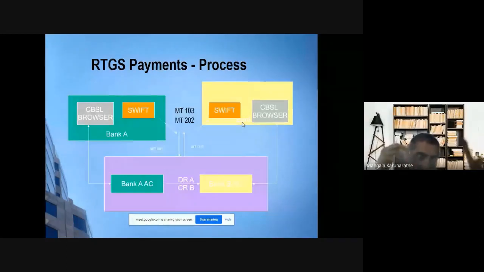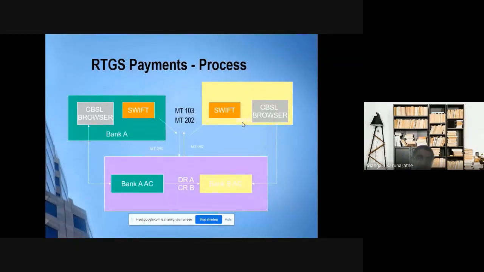There are certain other settings also, like the Swift code, to capture here. So it will get captured here, and then go straight to the recipient bank after the account transfer has completed, right? Only after it is completed, the message will be received by bank B.